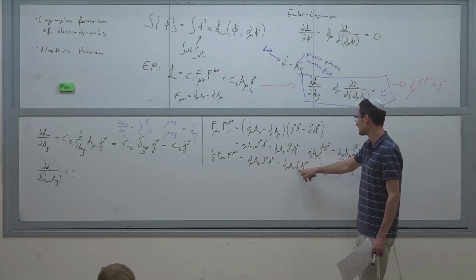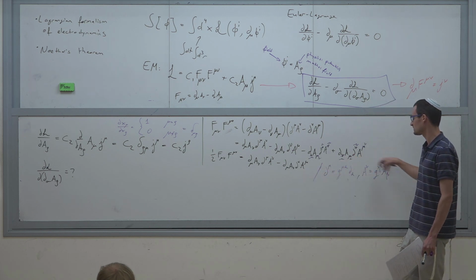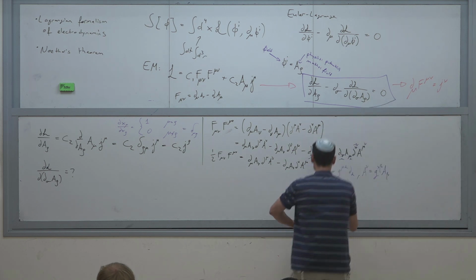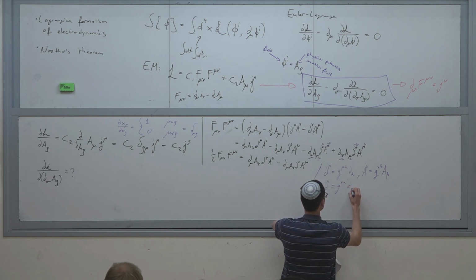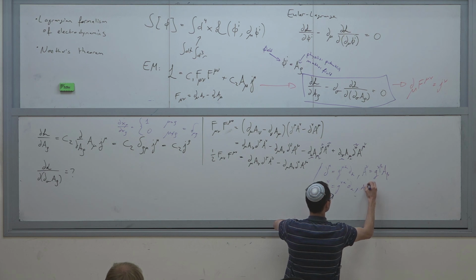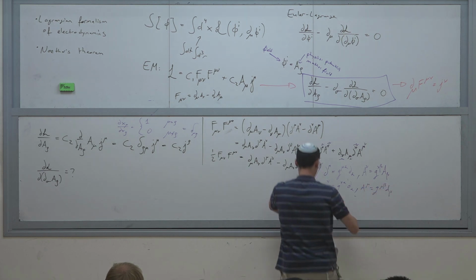And then I have to do the same thing for these two, which is exactly the same, just with a nu and a nu, so the other way around. So there's a d nu equals G mu alpha d alpha, and then a mu equals G mu beta a beta.